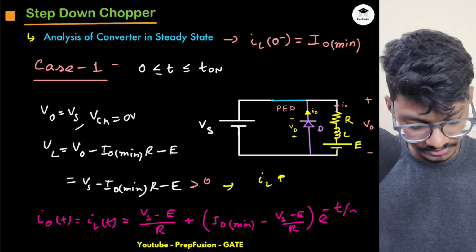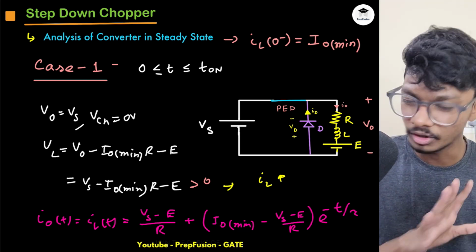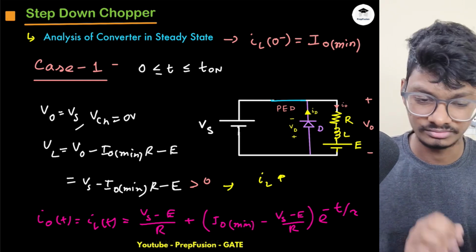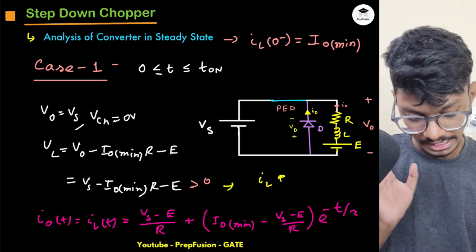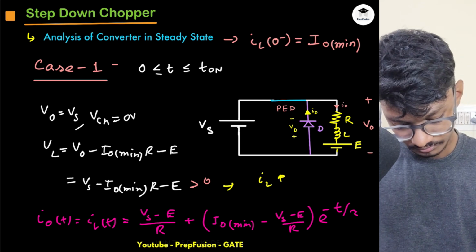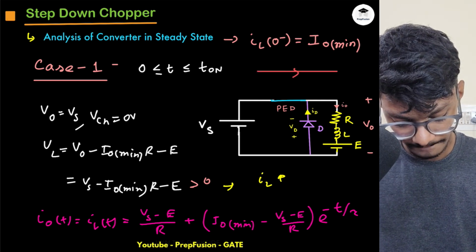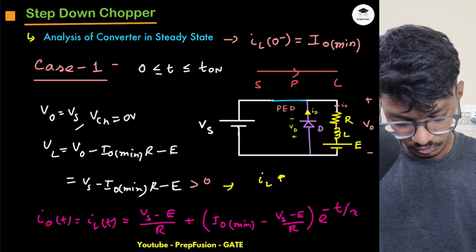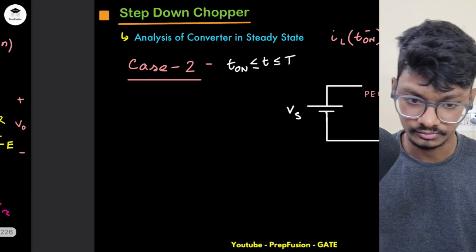So this will be the equation. Basically you can derive it, but you don't need to write it in simpler terms. This is the equation that you need to follow. Obviously here power is flowing from source to load.